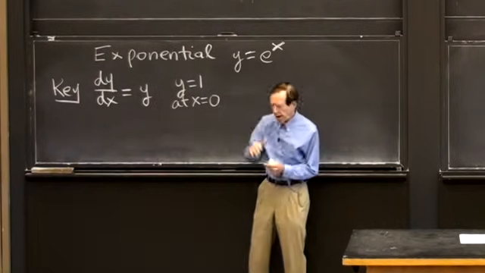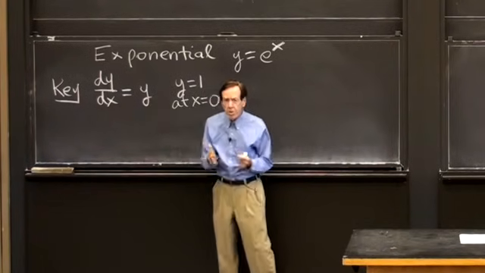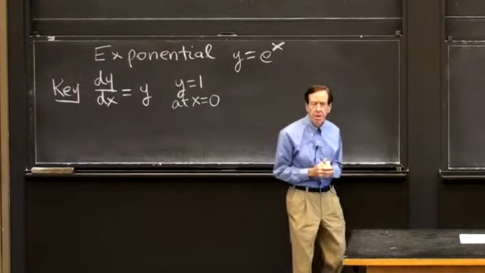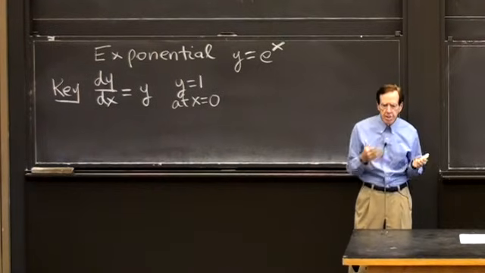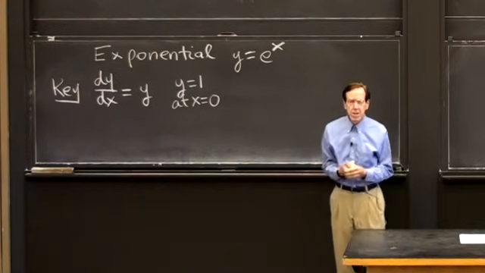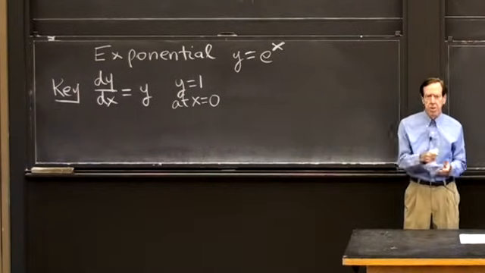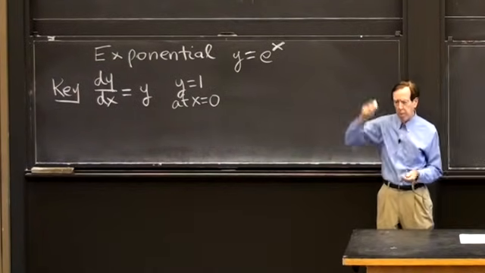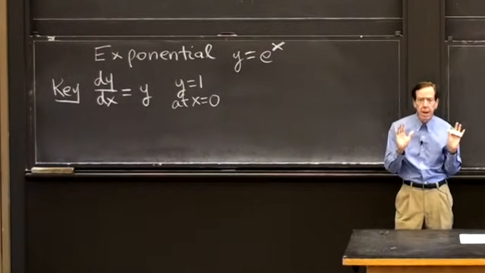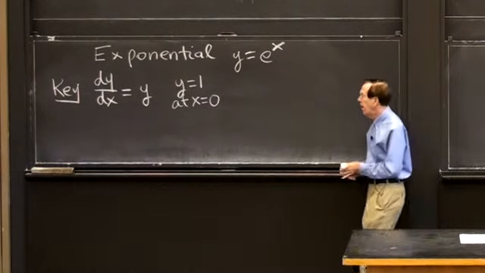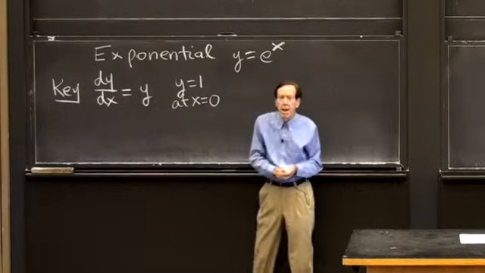And then it's gone higher, y is bigger, so the slope is also bigger, so it climbs even faster. It just takes off. It climbs much faster than x to the 100th power. You might think y equal x to the 100th, that's climbing pretty well. 2 to the 100th, 10 to the 100th, but no way, it doesn't come close to keeping up with y equal e to the x.